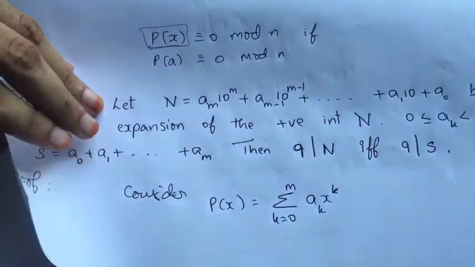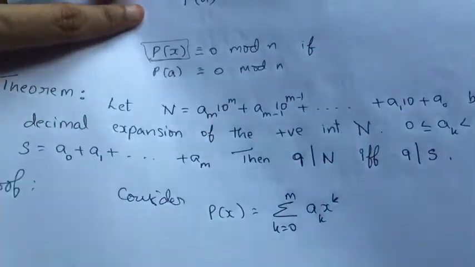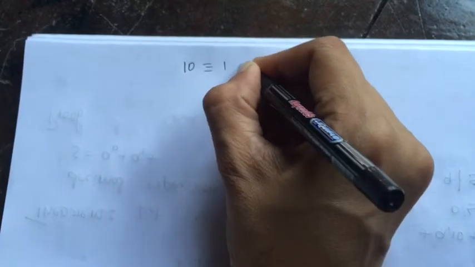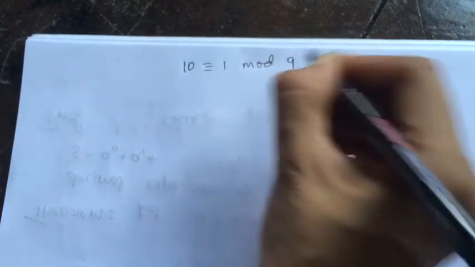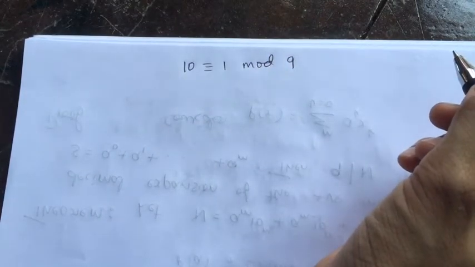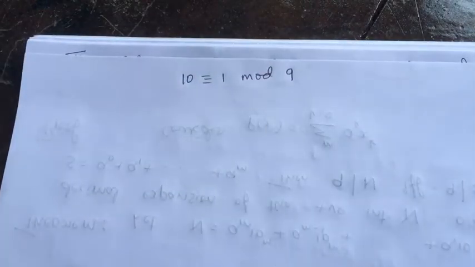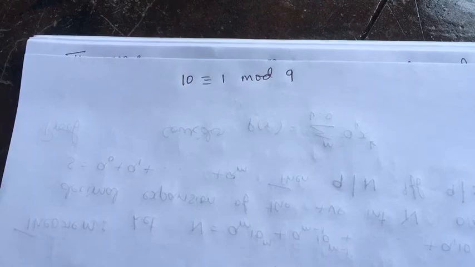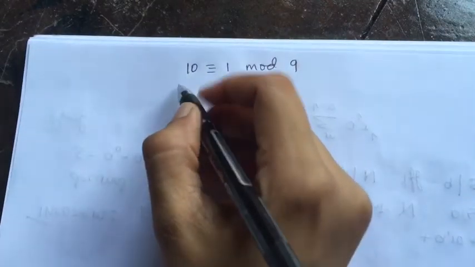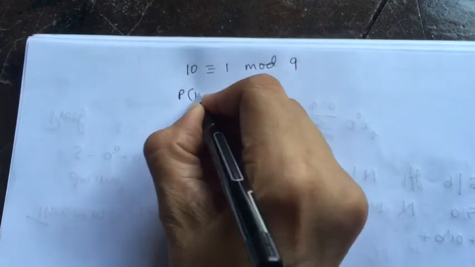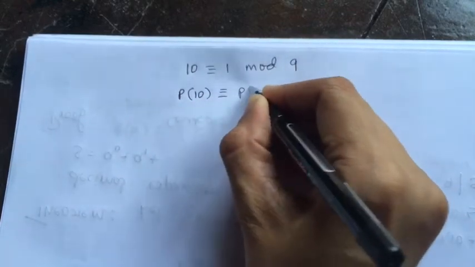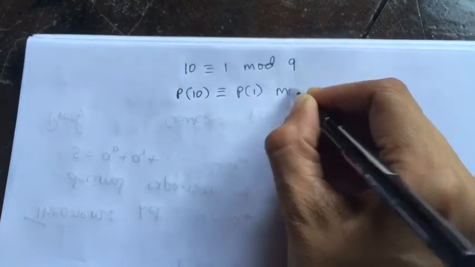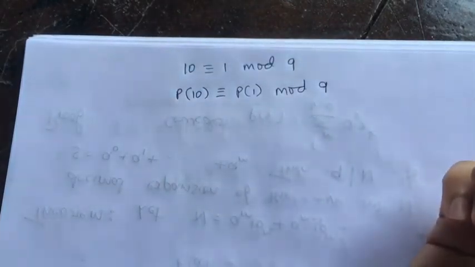Now we know that, so you have to look at this number usually. We know 10 is congruent to 1 mod 9, right? So by the previous theorem, I can write the polynomial function of 10 is congruent to the polynomial function of 1 mod 9.